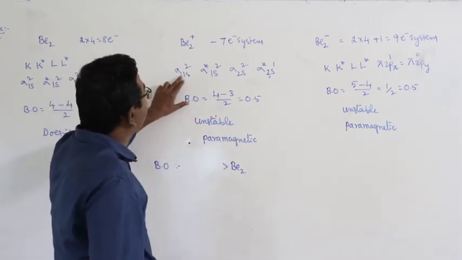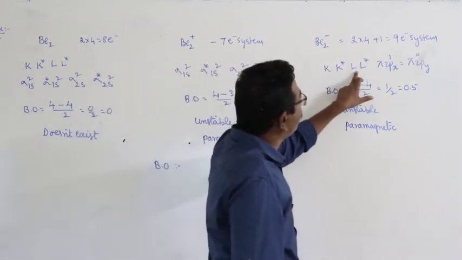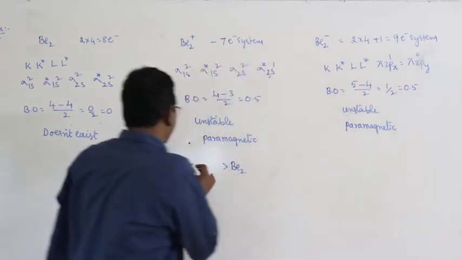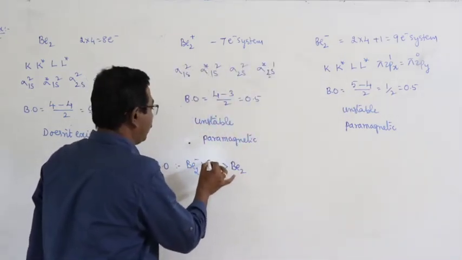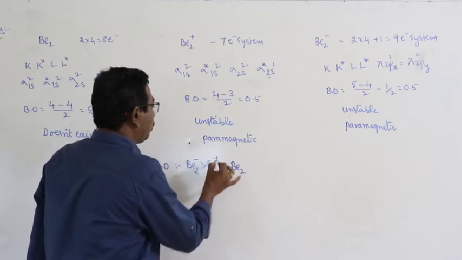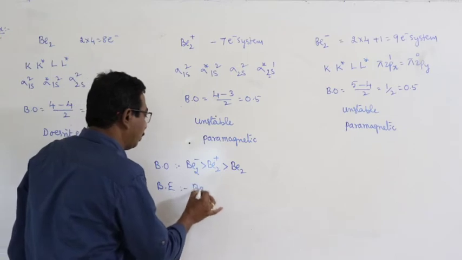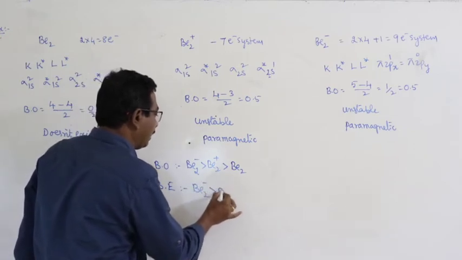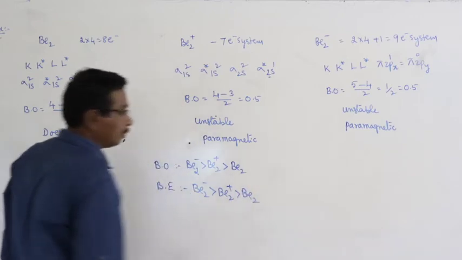Number of bonding electrons 2 plus 2, 4. Here 2 plus 2 plus 1, 5. So Be2 minus greater than Be2 plus. Therefore the bond energy also follows the same: Be2 minus greater than Be2 plus greater than Be2.